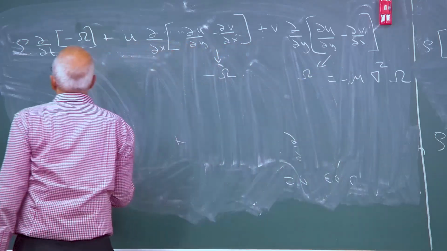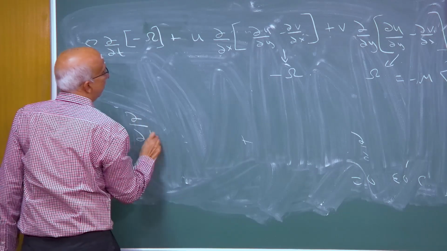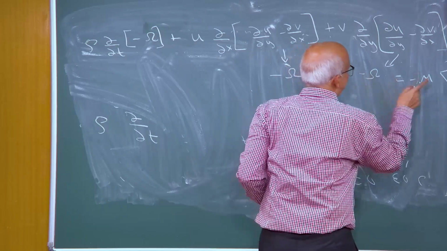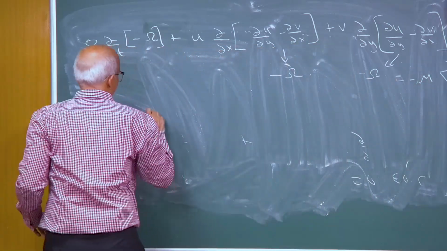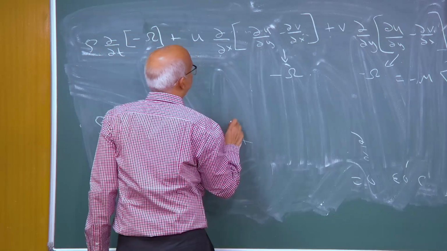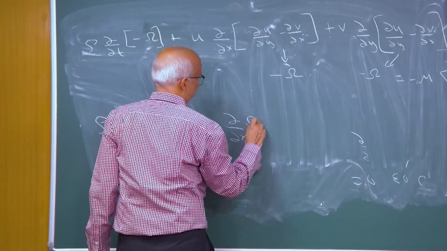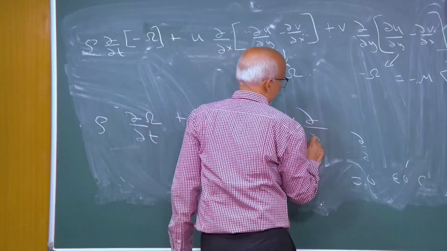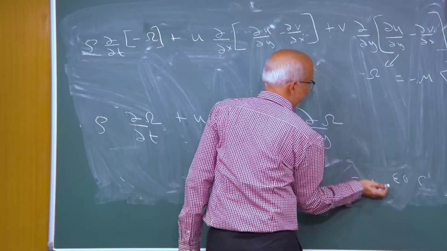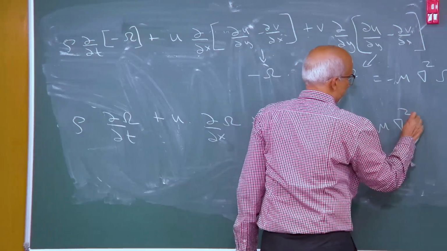So my point is, rho times d by dt is omega or minus omega? It is all minus omega. So the minus cancels off everywhere: rho times d omega by dt plus u times d by dx of omega plus v d by dy of omega equals minus or plus mu del squared omega.